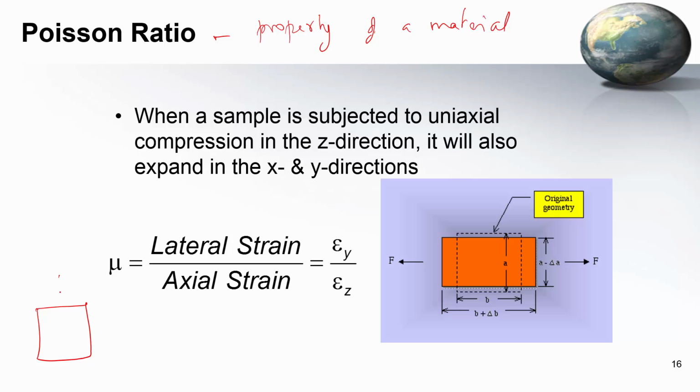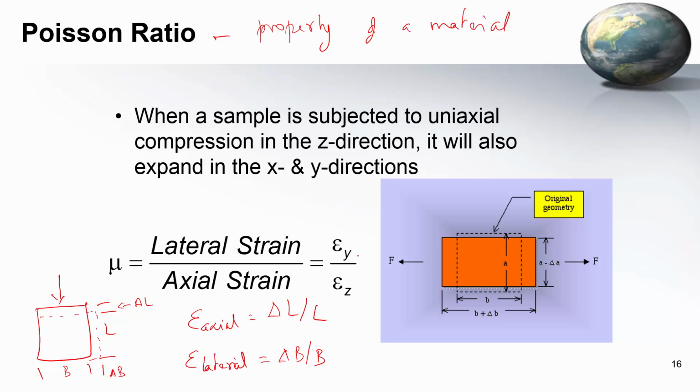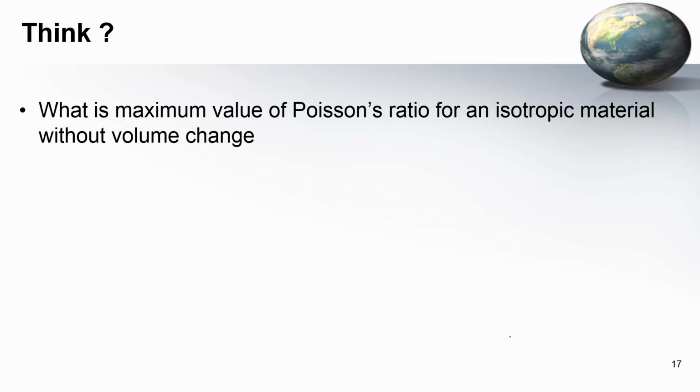If this is L, if this is B, if this is delta B, if this is delta L, the axial strain is parallel to the force, which is delta L by L. The lateral strain is in the other direction, which is delta B by B. So the Poisson's ratio is the lateral strain divided by the axial strain.